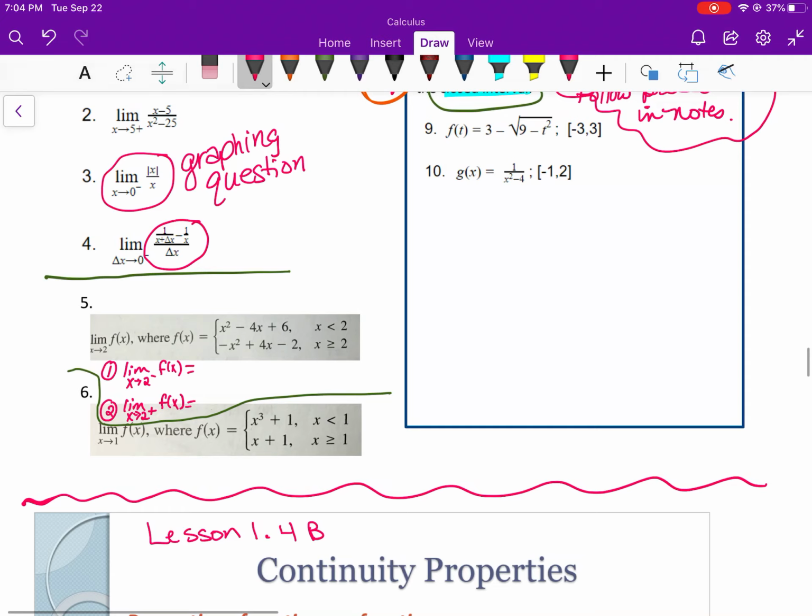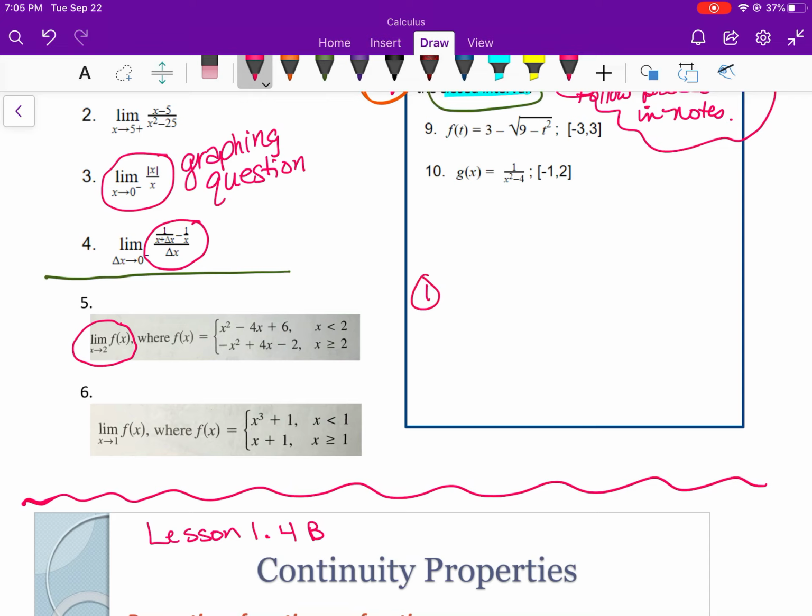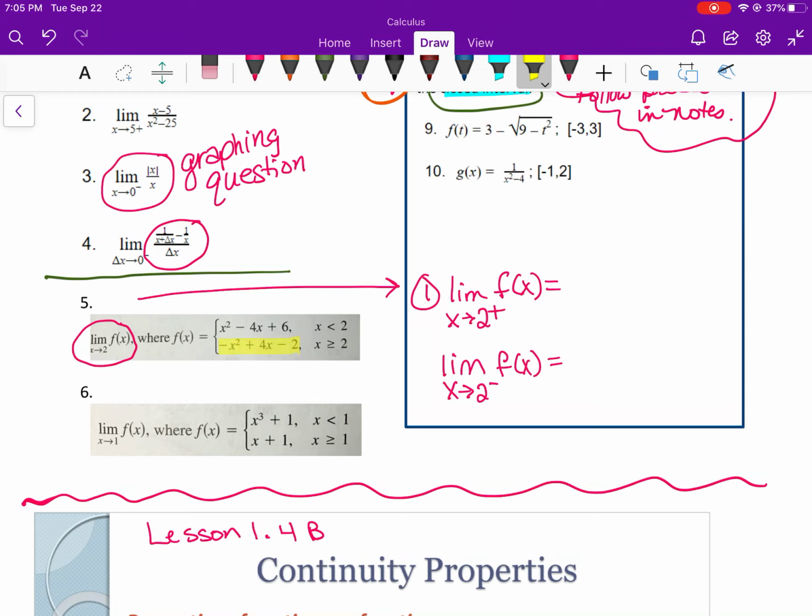For numbers 5 and 6, I was telling your classmates that when it just says to find the limit, it is understood that you have to find both the left and the right-sided limits. So for number 5, I'm going to find the limit as x approaches 2 from the right, and the limit as x approaches 2 from the left. Now, the right-sided limit is going to use this function because that's where x is greater than or equal to 2.